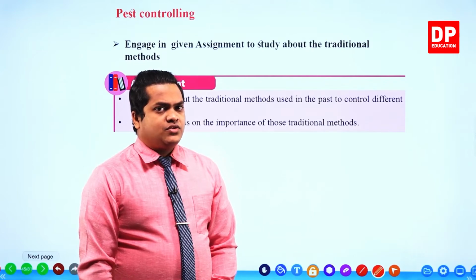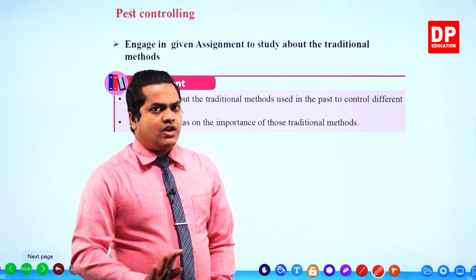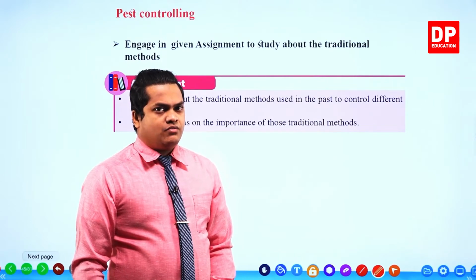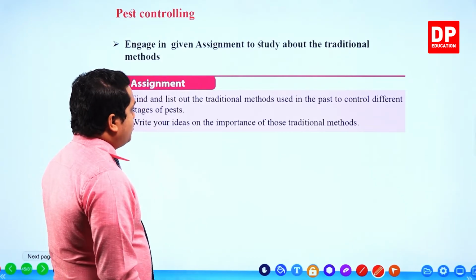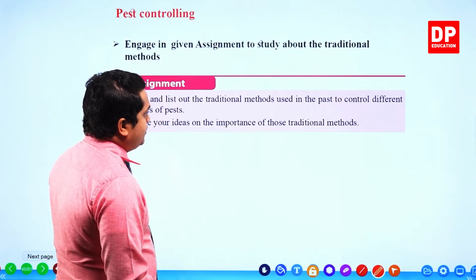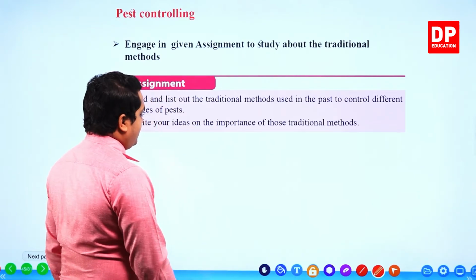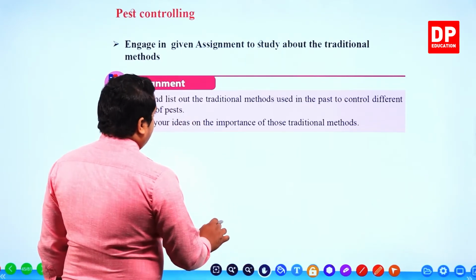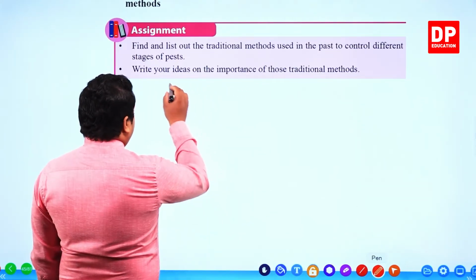For each of these two, I'll mention 3. Find out more. So you have to list out the traditional methods used in the past to control different stages of pests, meaning traditional pest controlling methods.